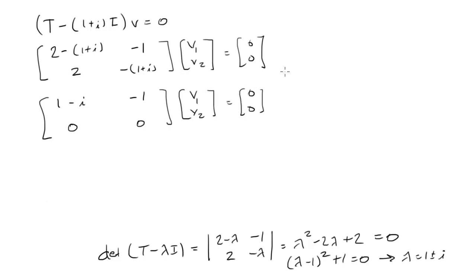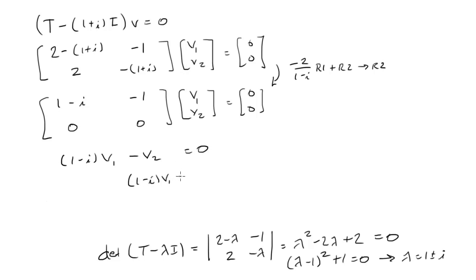But a quick verification: if I scale the first row by minus 2 over 1 minus i, it zeroes out. Solve for V2. So my eigenvector, V2 gets replaced.